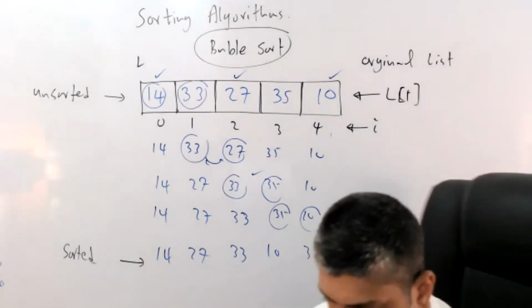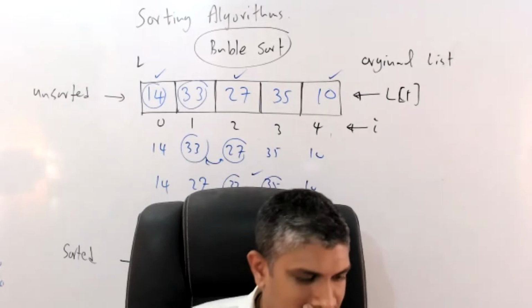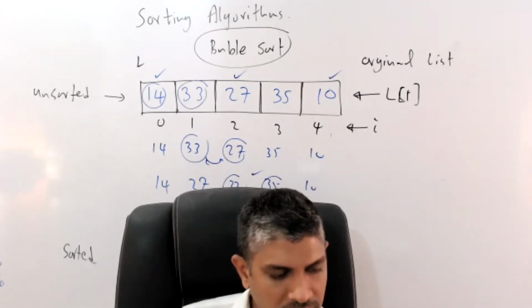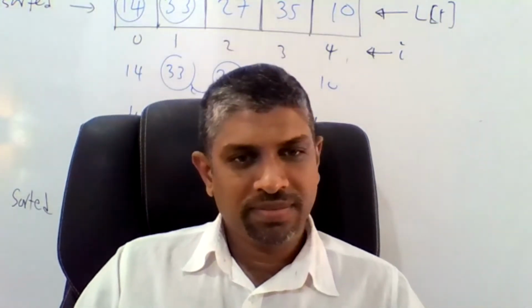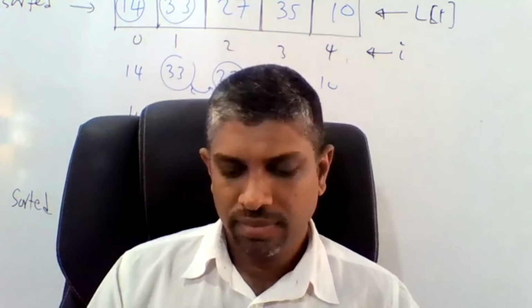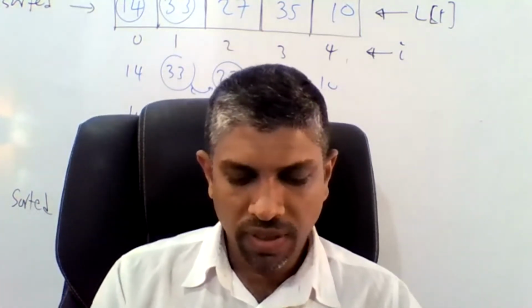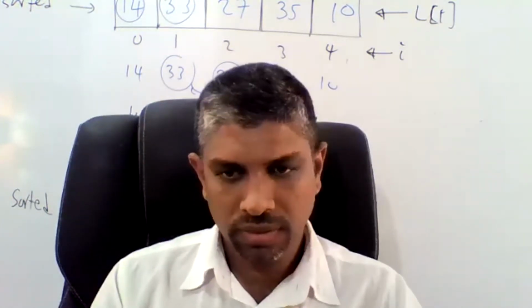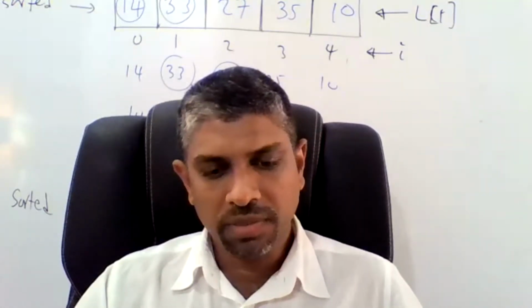Shall we implement this? Let's start, and do it along with me. Number 1, bubble sort. Some of you may already be familiar with this.